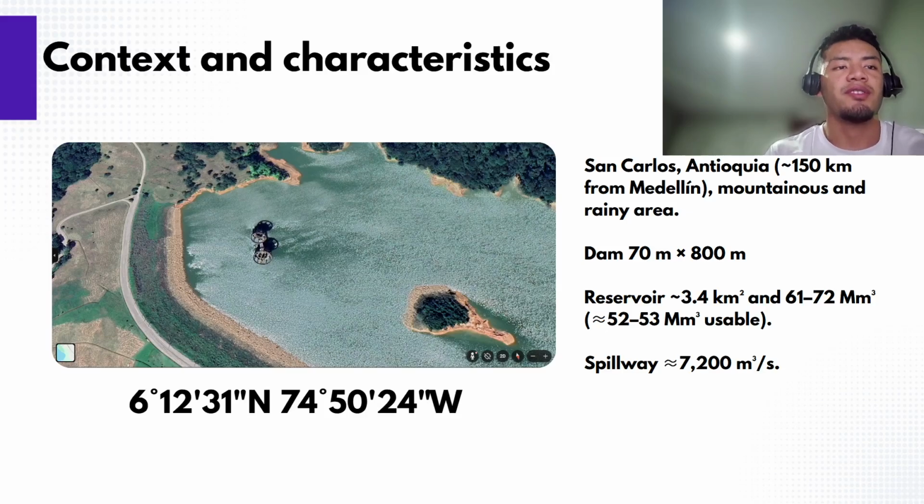The reservoir has a surface area of about 3.4 square kilometers and a total capacity of between 61 and 72 million cubic meters. And the free spillway was designed to pass a probable maximum flood of around 7,200 cubic meters per second.